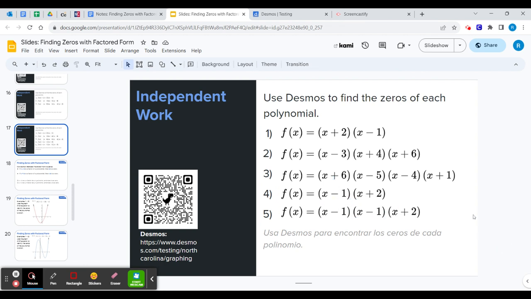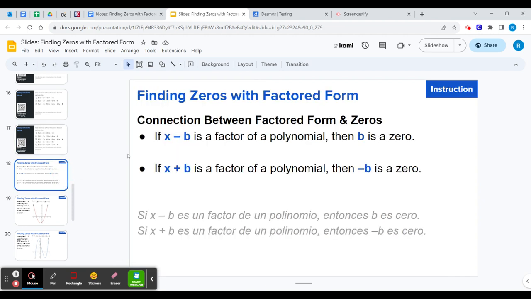You can even start making predictions about where those zeros will be based on the equation given, right? Knowing the equation, we should be able to know exactly where those zeros are on the graph. But for the sake of time in this video, I'm going to move on to notes. If you want to do that explore, go ahead and hit pause.